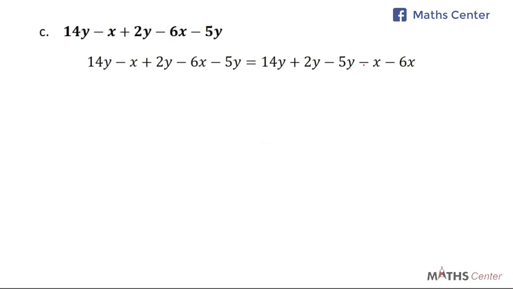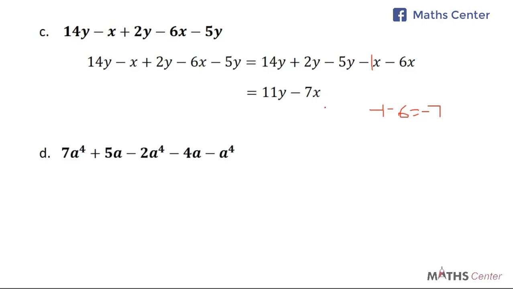So with minus x, it actually means that the coefficient there is 1. So you are having minus 1 minus 6. We know that minus 1 minus 6 is equal to minus 7. So if you are simplifying this, we know that 14 plus 2 is 16, minus 5 will give us 11, so we have 11y. Minus 1 minus 6 will give us minus 7, so we have minus 7s.